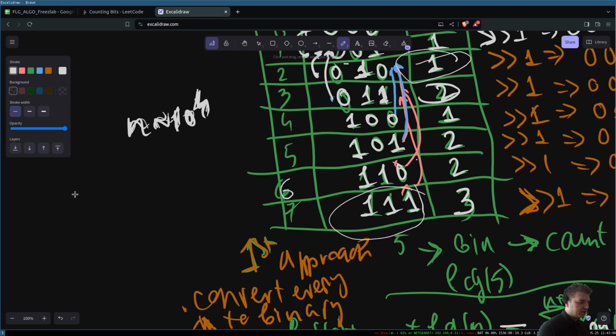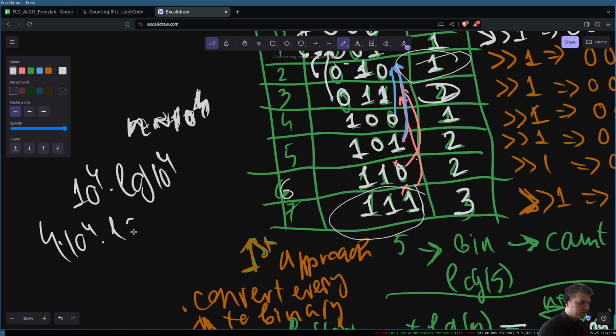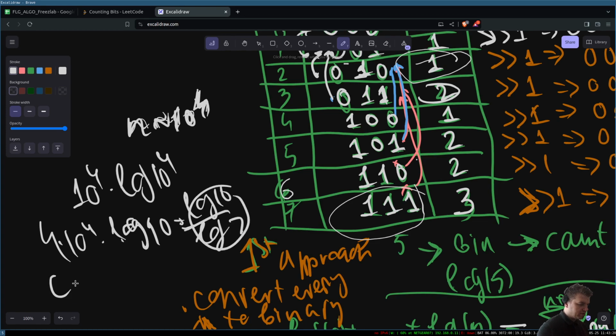So it's going to be 10 to the power of 4 times log of 10 to the power of 4, which is 4 times log 10, and this is going to be divided by log 2.